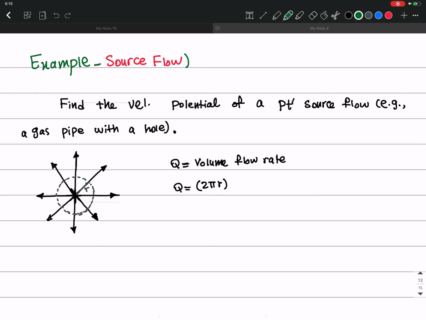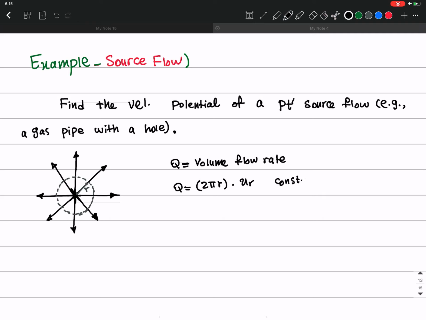You need to multiply velocity by area to get the volume flow rate. The perimeter is one dimension of the area, and there is also another dimension, the width, which I just ignore. So I only have the perimeter times u_r, which is going to be constant.